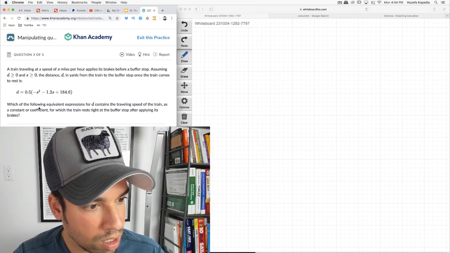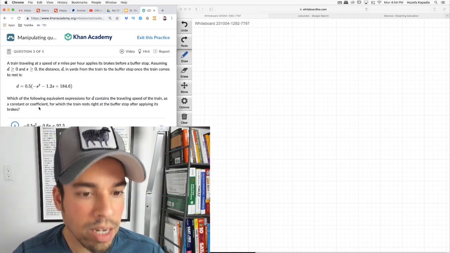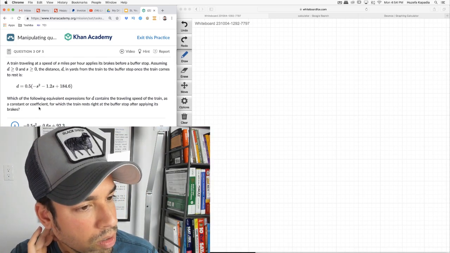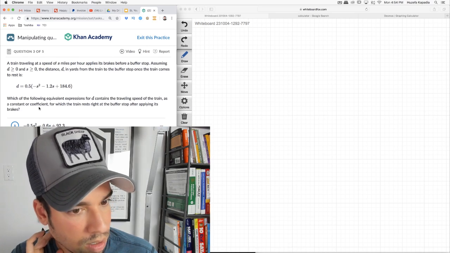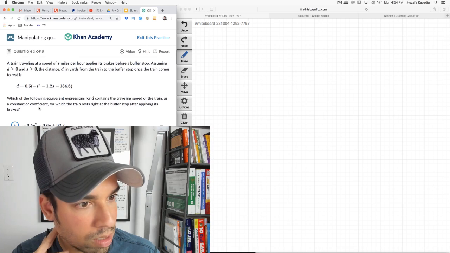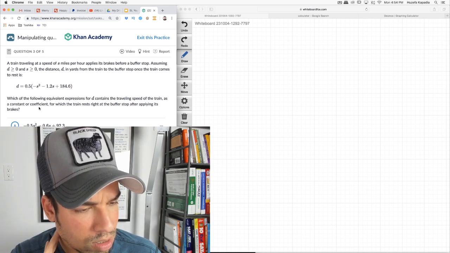The traveling speed of the train for which the train rests right at the buffer stop after. Oh, okay. So we're saying d is 0 because that's right at the buffer stop, right? So d equals 0.